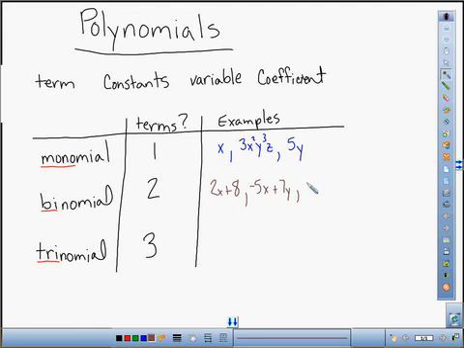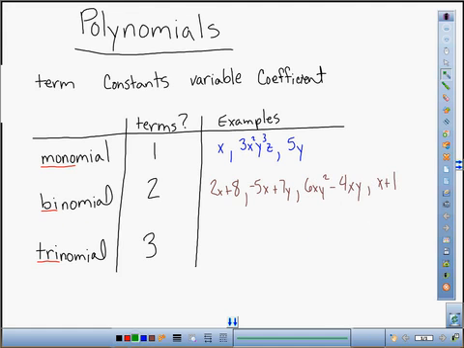Two things, they're being added. 6xy squared minus 4xy. Okay? Two different things, and they're being subtracted. And it could be as simple as x plus 1. Two things, they're being added. Okay? So if we have two terms, they're being added or subtracted. Two terms makes it a binomial.